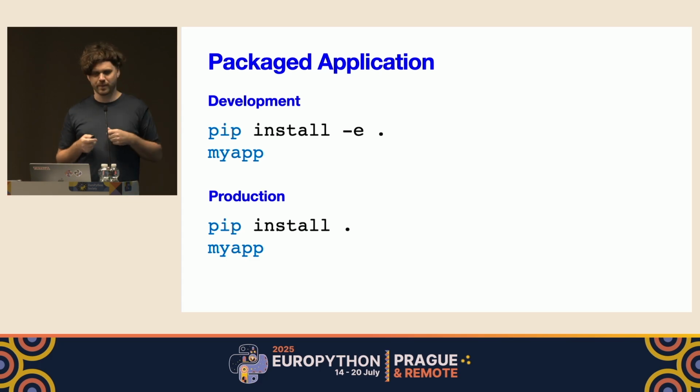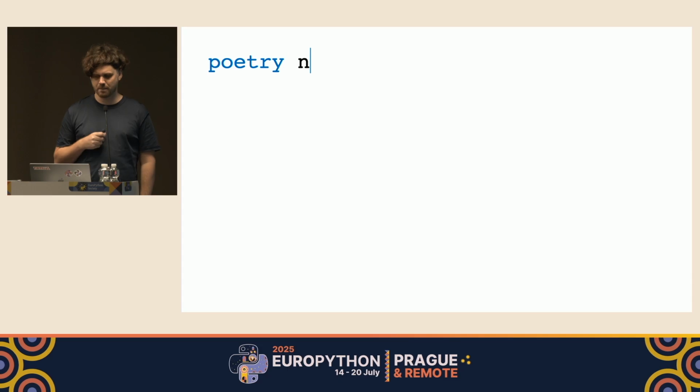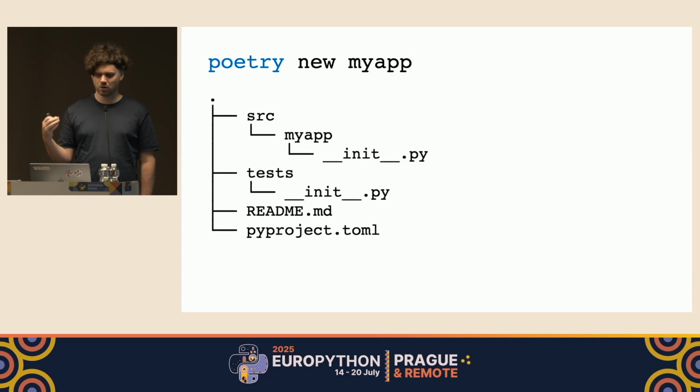So, how do other package managers work with our two approaches? I will start with Poetry. Poetry creates a packaged application by default. You can see that all code is hidden in the source directory, so you won't be able to import it unless you install the package. And there is no script to be run directly.